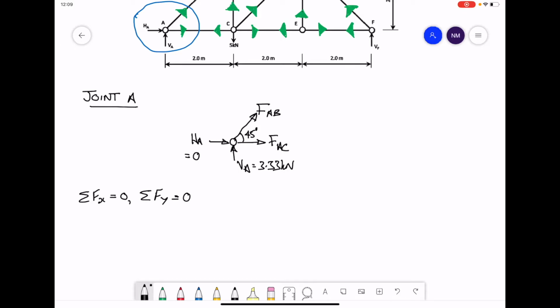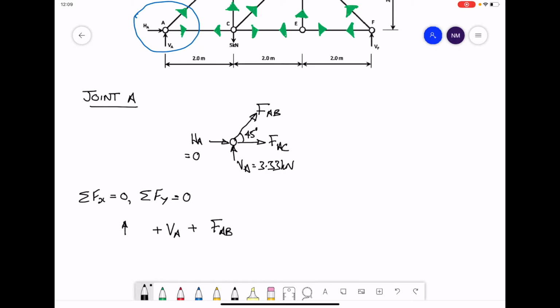Shorthand notation. Instead of writing down sigma Fy equals 0, the upwards arrow is shorthand notation for resolving the forces vertically. And what we have is VA going upwards, positive, plus then force AB. Part of that force is going across, part of it's going vertically.